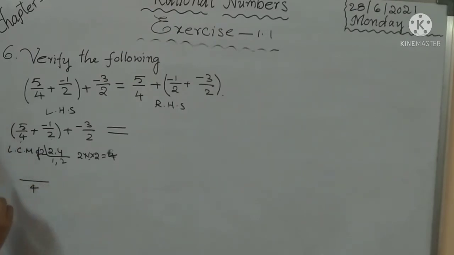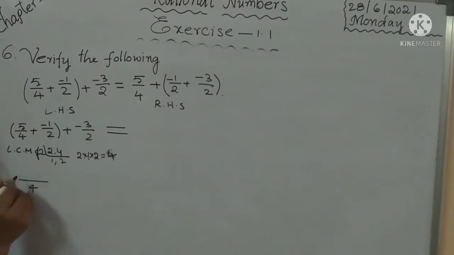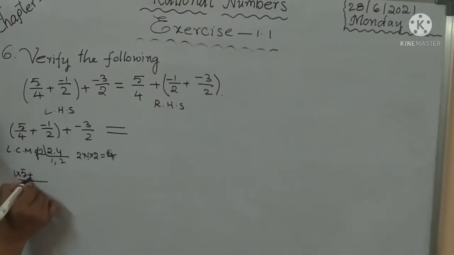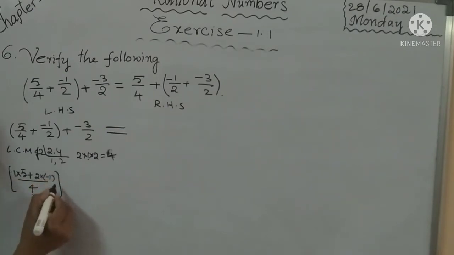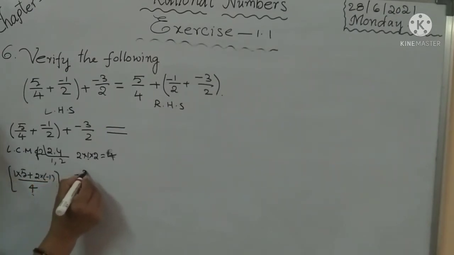So here denominator 4. This one how many times possible, 4 in 4? 1 time. So 1 into numerator 5 is there. Plus 2, how many times possible? 2 times. 2 into minus 1 plus minus 3 by 2. Okay.